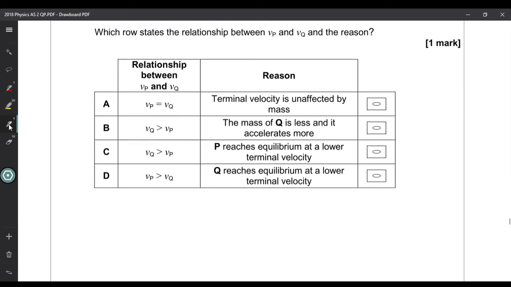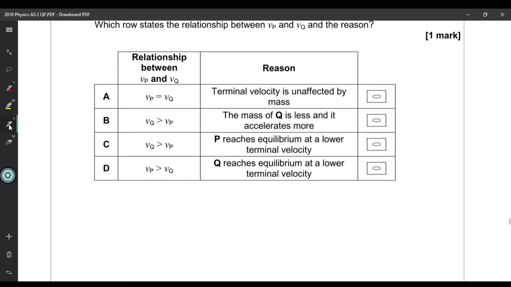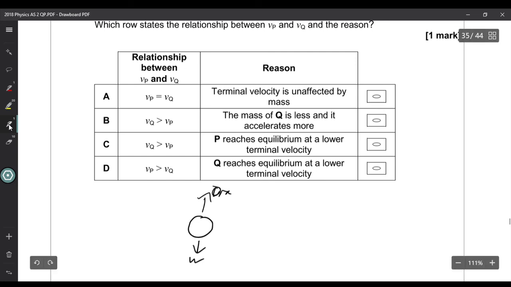So at terminal velocity, what we have is we've got the ball going down and we've got the weight acting downwards and we've got drag acting upwards. So it's when these two forces are balanced we get terminal velocity.